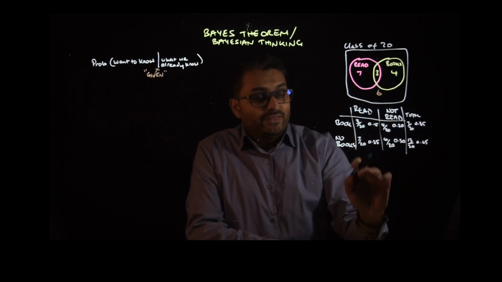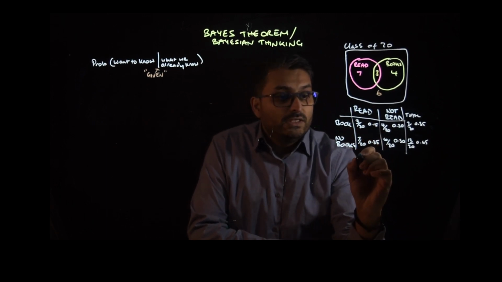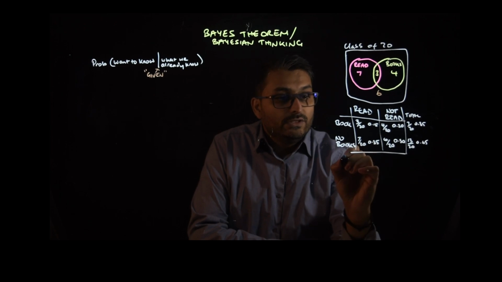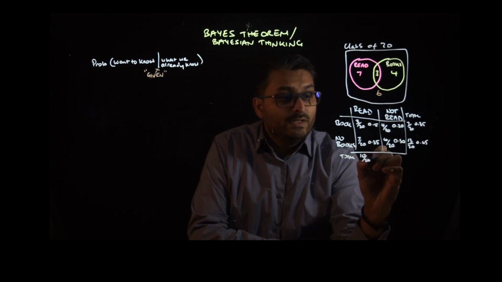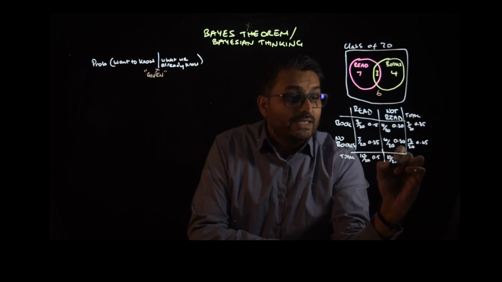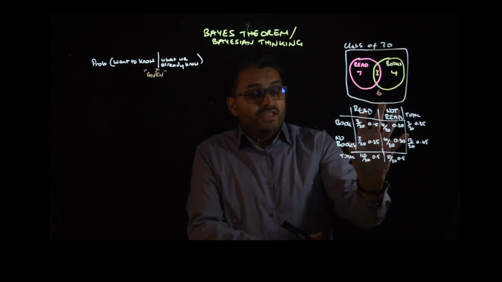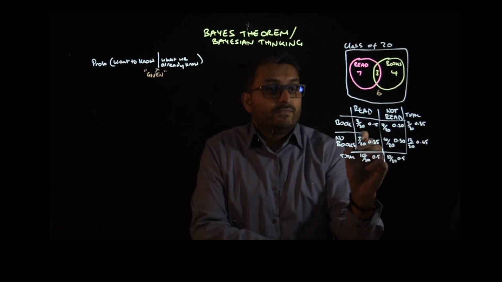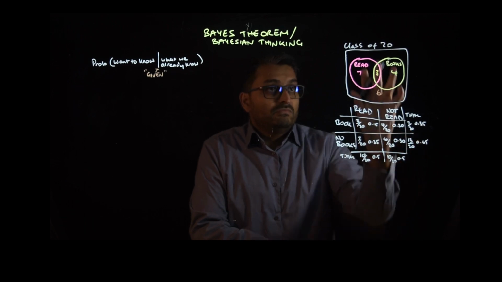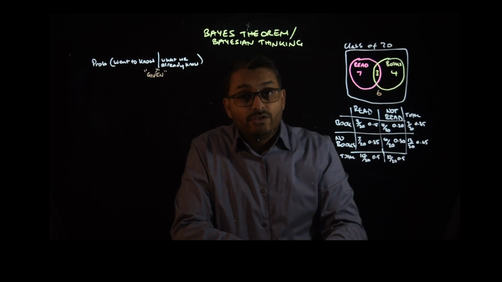And if we add the probabilities going down vertically, you've got the total here, which is 10 out of 20, which is a half, and again 10 out of 20, which is a half here. So these are the probabilities for this Venn diagram and our little class of 20.